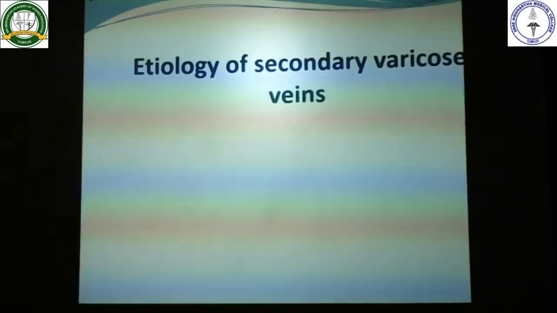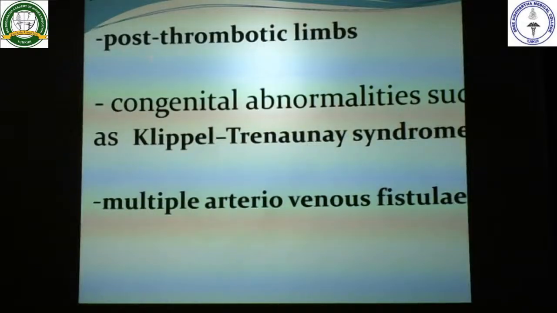What is the cause for secondary varicose veins? Secondary means there should already be some cause. Examples include post-thrombotic causes, especially post-DVT, deep vein thrombosis, which you must have heard of. Whenever a patient suffers from deep vein thrombosis, later the patient will develop varicose veins.